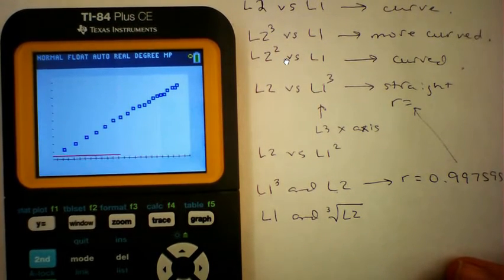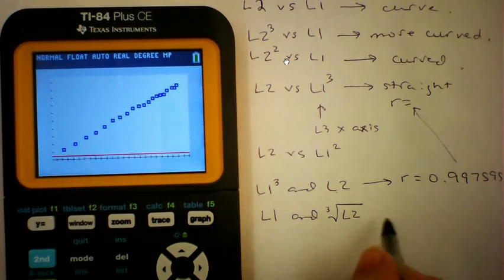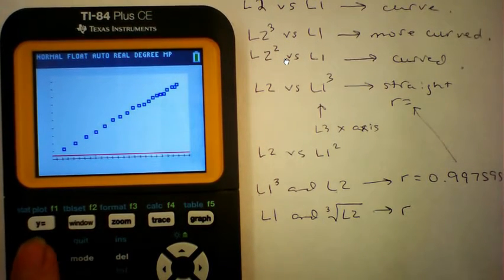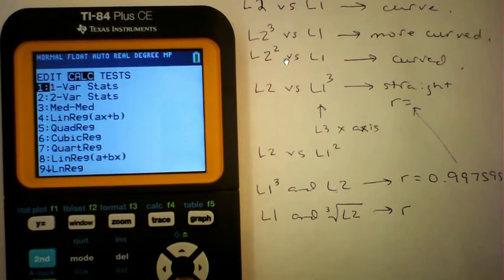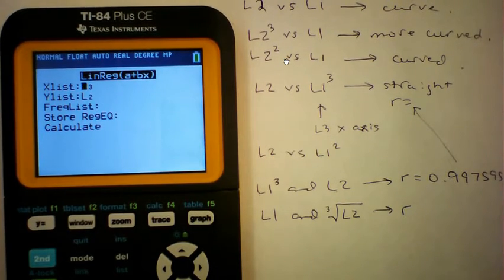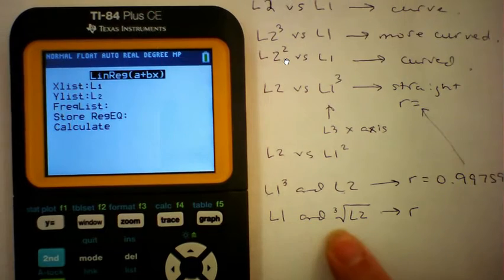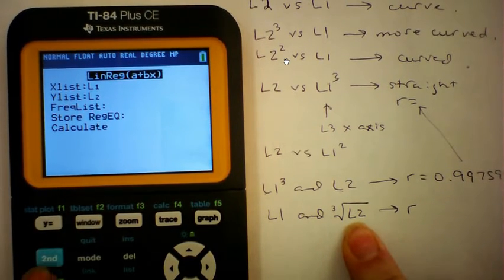And that also looks pretty straight. But then what's the R value for it? Let's go into stat calc linear regression. Where was X? X is in L1. And Y is actually in L3.